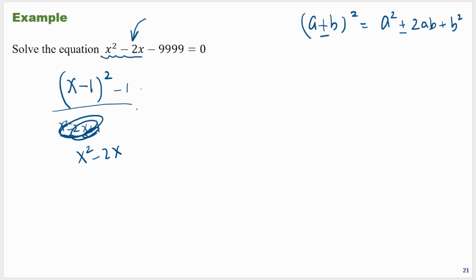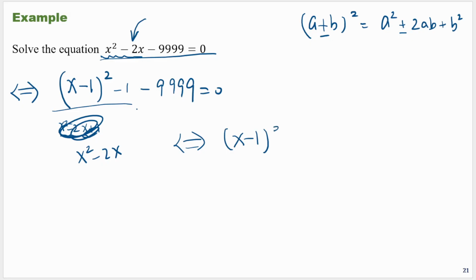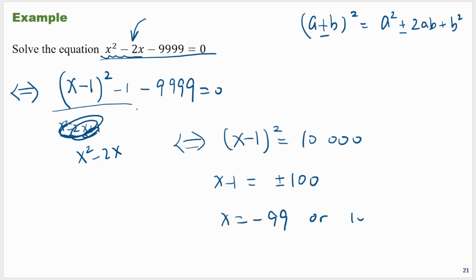Then copy the rest of the expression. This is exactly the same as the previous equation, right? And this is equivalent to x minus 1 squared equals 10,000. And we know x minus 1 is either plus or negative 100. So x equals negative 99 or 101, right?